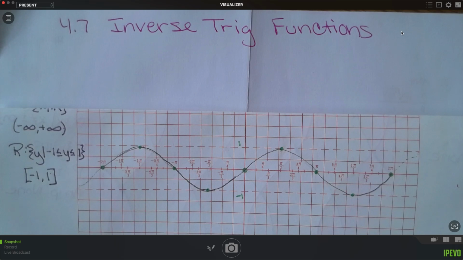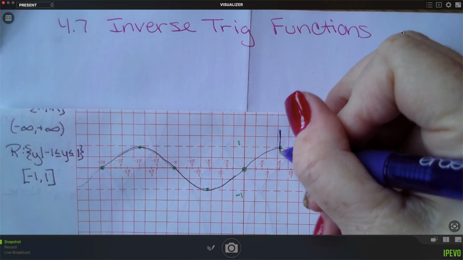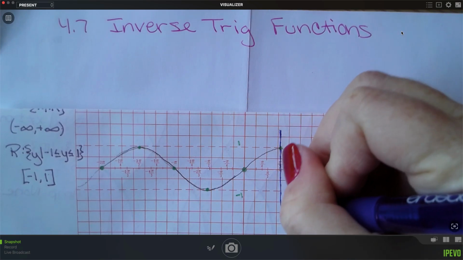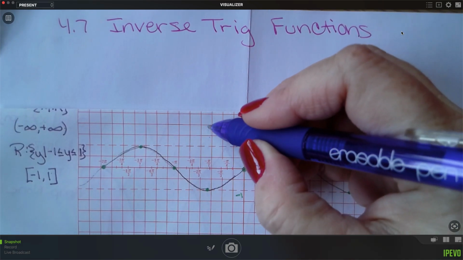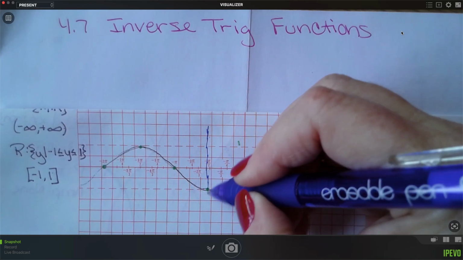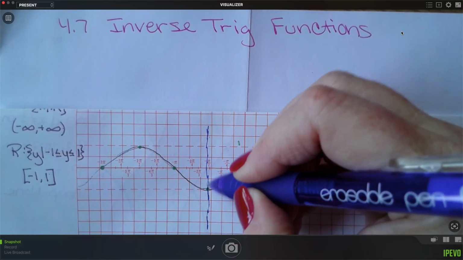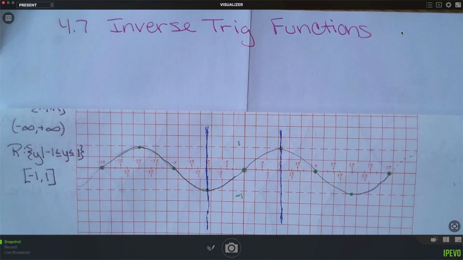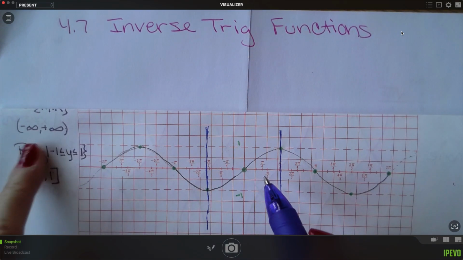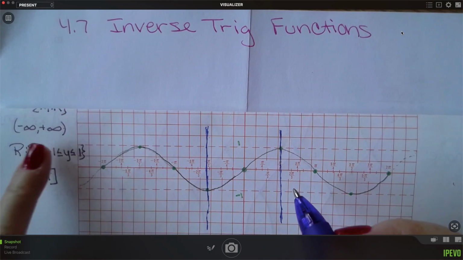So if I take this and cut it right here and right here, do I have all the positives and all the negatives? Yeah, I do, don't I? So I took it and made my domain from all real numbers to what?